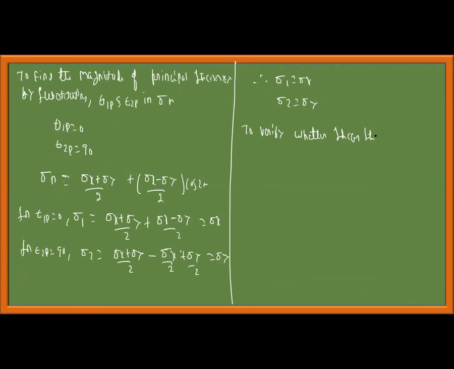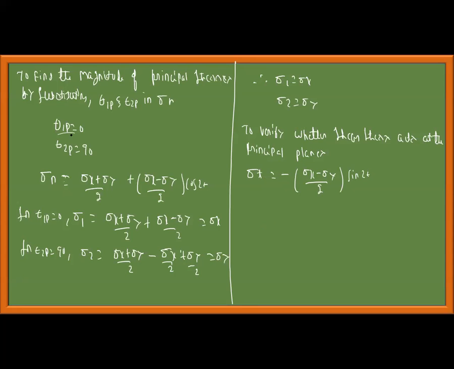This is not required, but I am doing it. Sigma t is given by, give me a moment, which is equal to minus sigma x minus sigma y by 2 sine 2 theta.